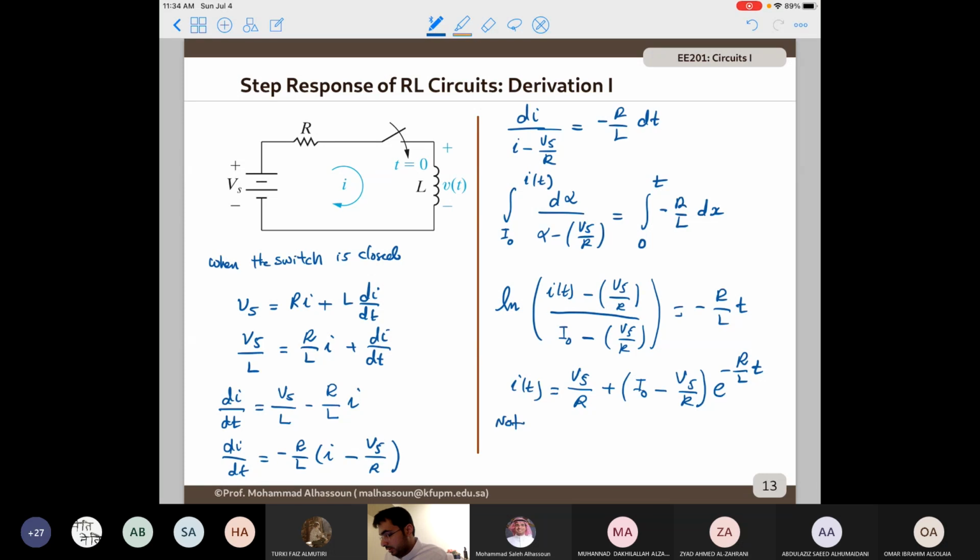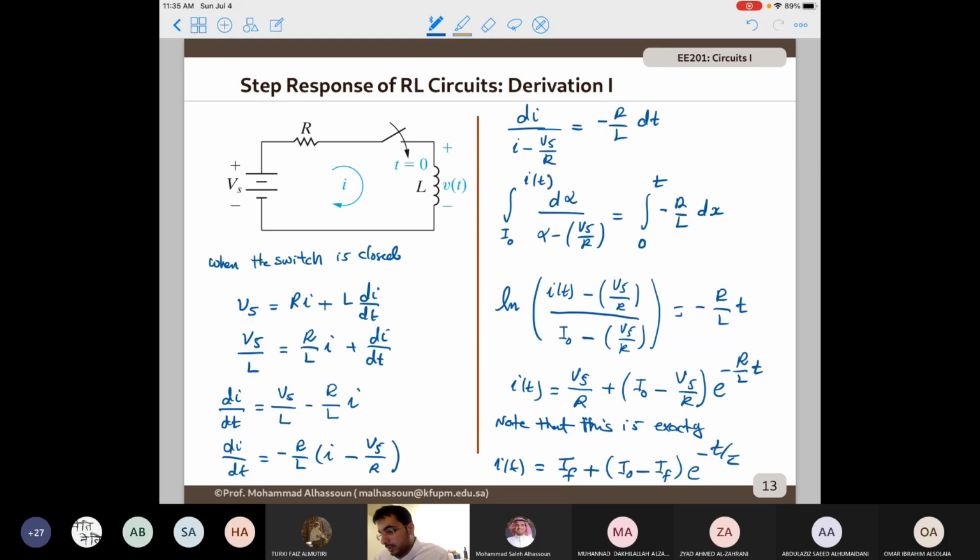So note that this is exactly I final plus I initial minus I final.